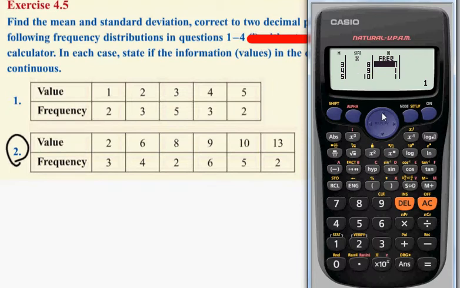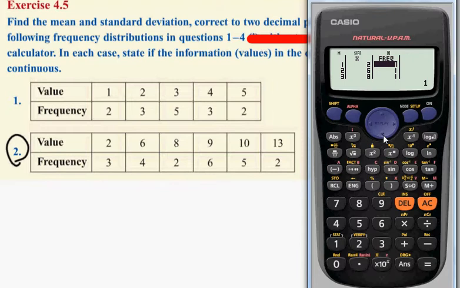Now, what we got to do this time, guys, is we have to put in how many times these scores were got, so to speak. So, as an example, a score of 2. 3 people got a score of 2. 6 people got a score of 4.